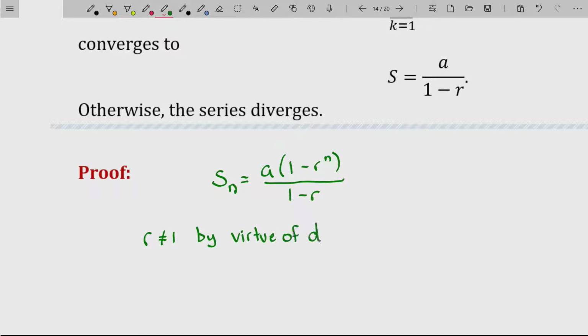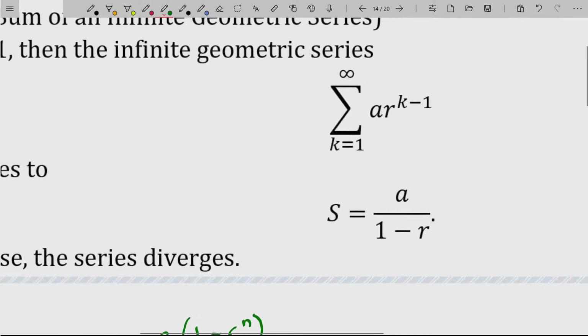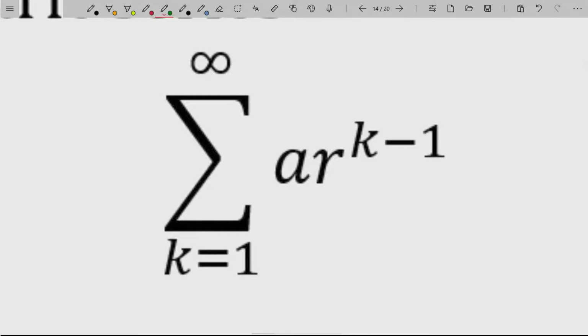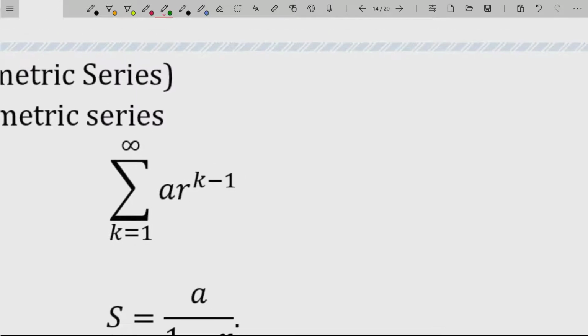But if you think about it logically, if r was equal to 1 anyway, you would essentially be adding a to itself over and over again. Because remember, this series is a plus ar to the first, plus ar squared, plus ar cubed, and so on and so forth down the line.